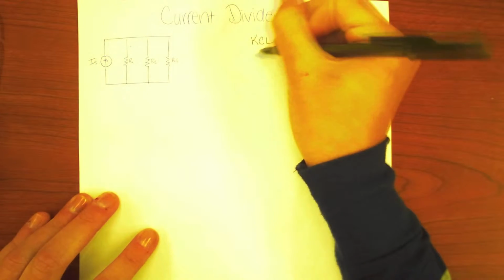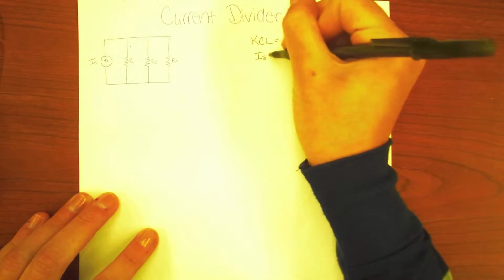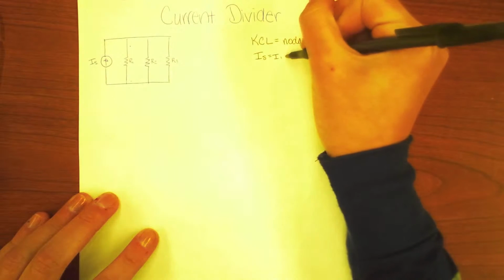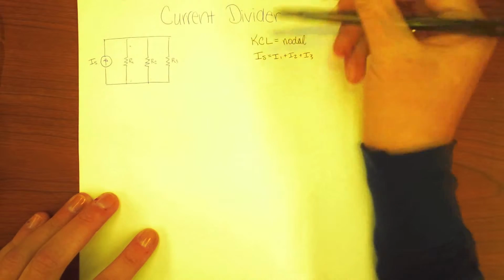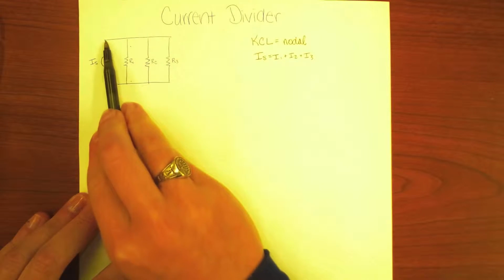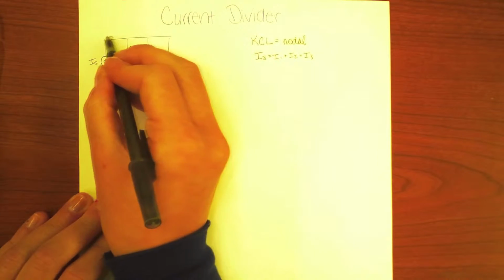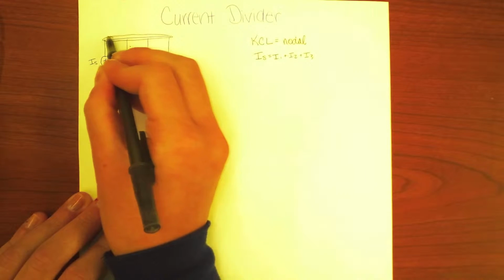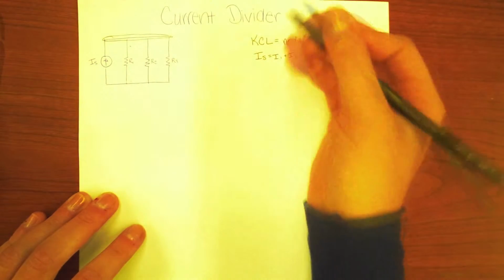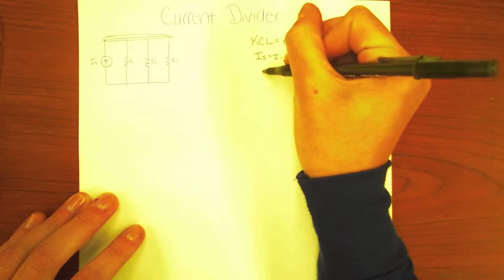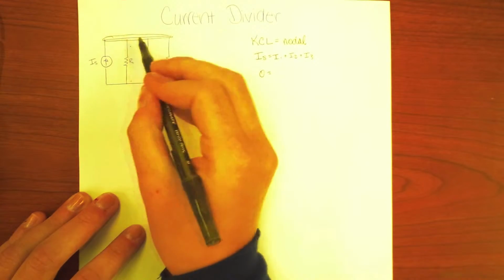Now just to review, Kirchhoff's current law, or KCL, is IS equals I1 plus I2 plus I3, or the amount of current going in has to equal the amount of current going out. For example, if this is one big node, we could write this as 0, because all these have to add up together to get 0.